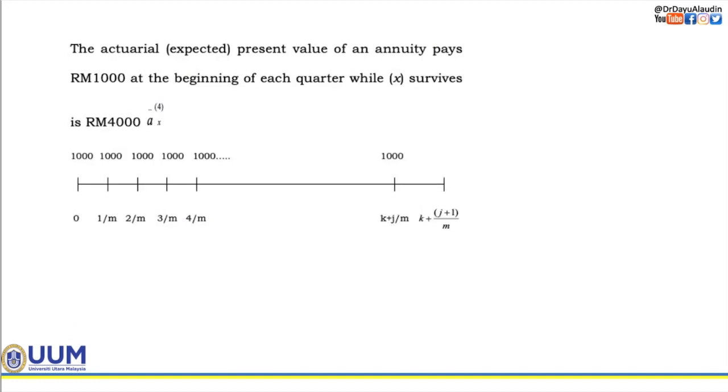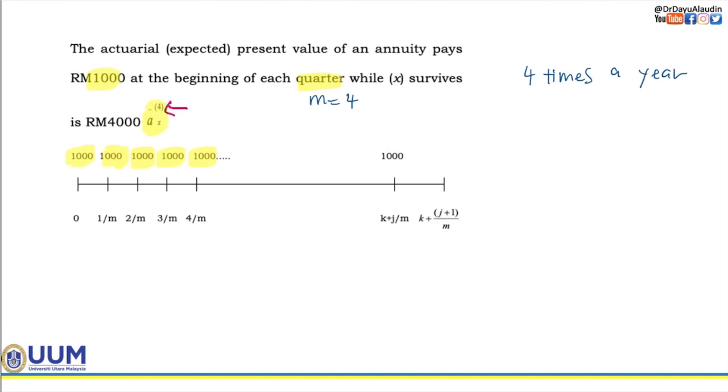The actuarial expected present value of an annuity that pays 1,000 at the beginning of each quarter while x survives is 4,000 ä_x^(4). So this is for the case of payment paid quarterly for each year, so m is equal to 4. That's why we put 4 here.